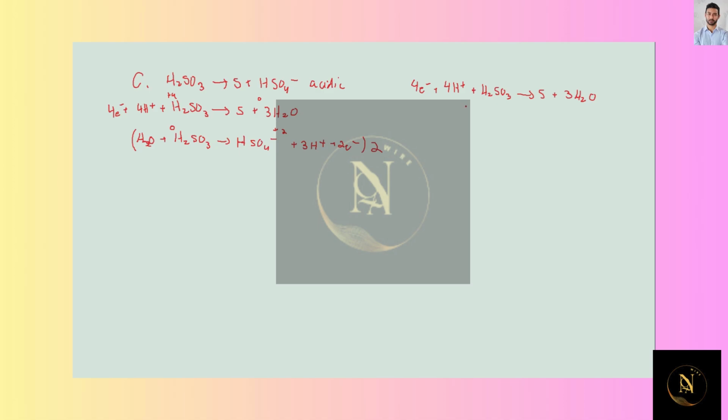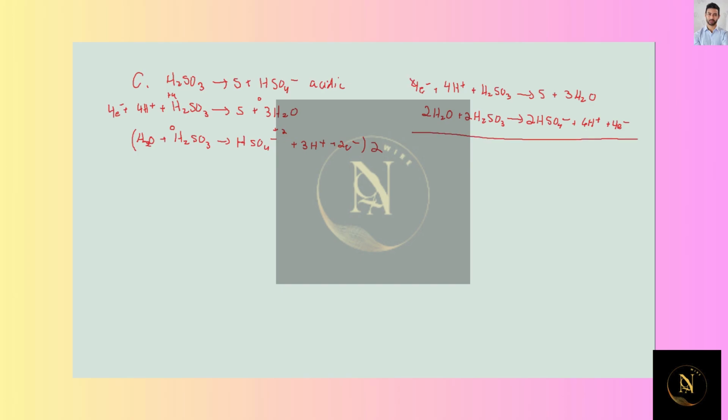And this one multiplying by 2 is 2 H2O plus 2 H2SO3 yields 2 HSO4 minus plus 6 H plus 4 electrons.